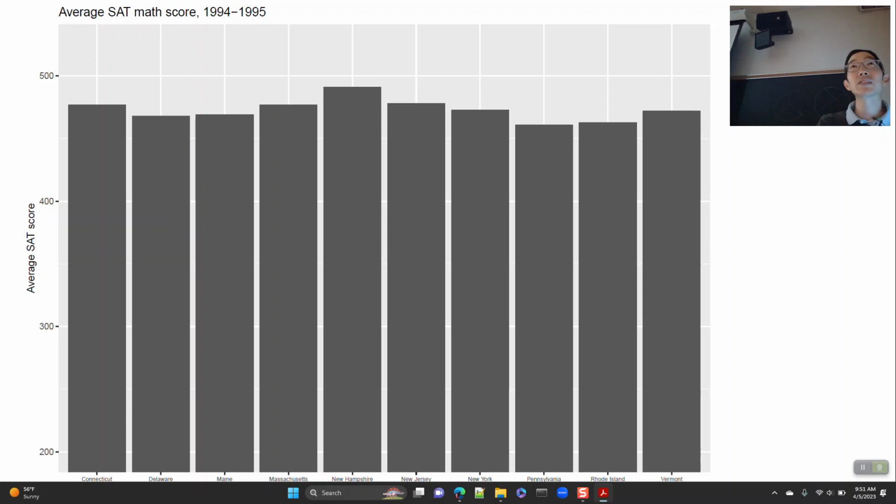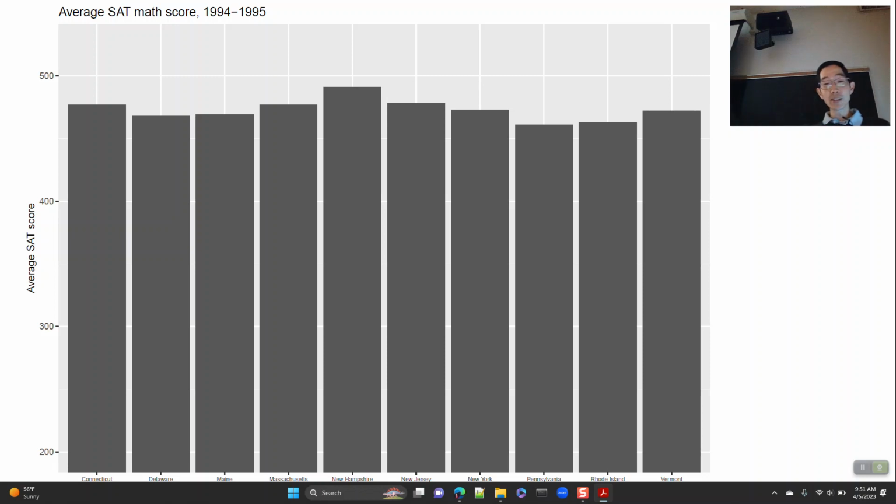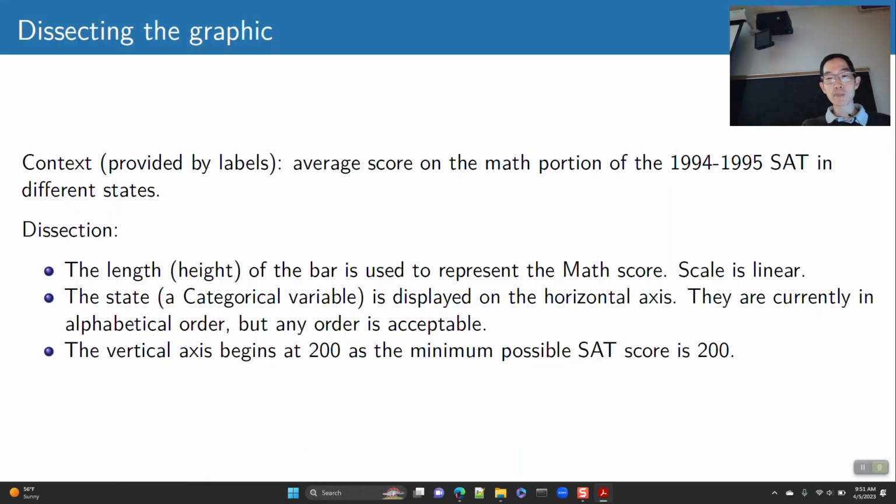I don't really know. If you wanted to say, hey, we're going to put the states in order of, I don't know, education spending, this state spends more money on education, this state spends less, maybe that could make sense, but you'd probably want to include that in there. That information isn't there.